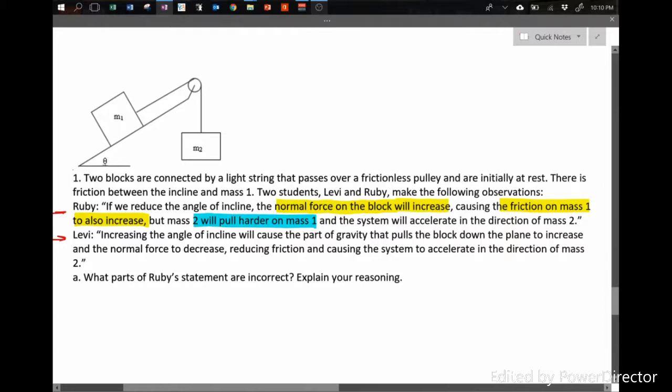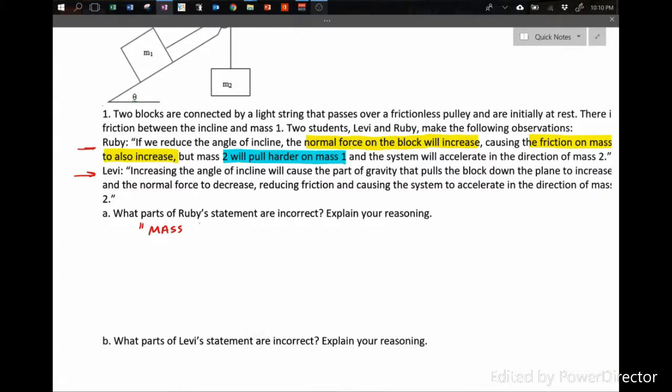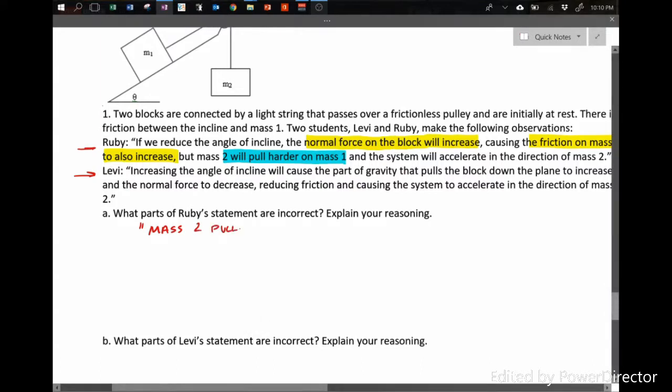The incorrect part, and for this, your best bet is to quote exactly what's said. You don't have to write a sentence like, Ruby's statement is incorrect when she says that. You don't have time for that. Just put in quotations, "mass 2 pulls harder on mass 1."